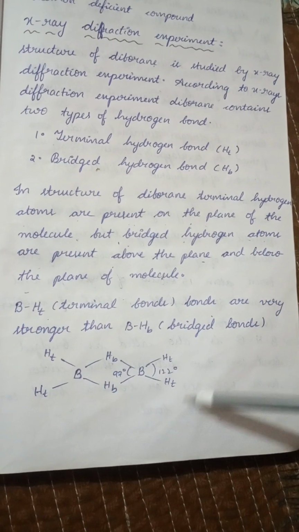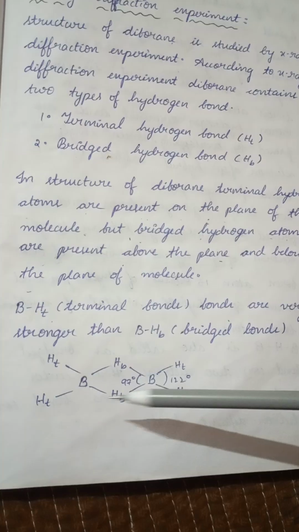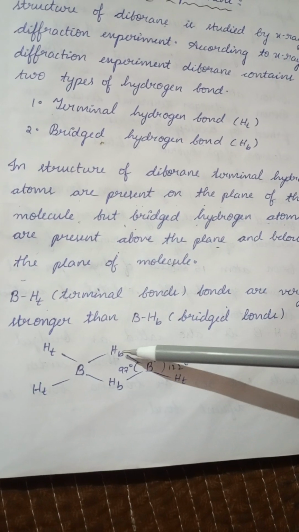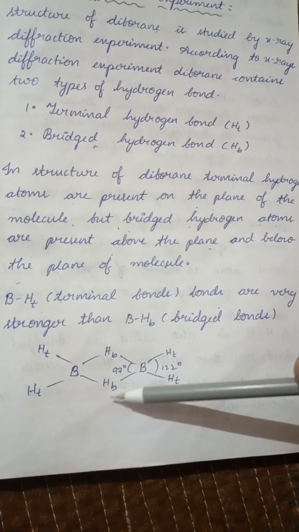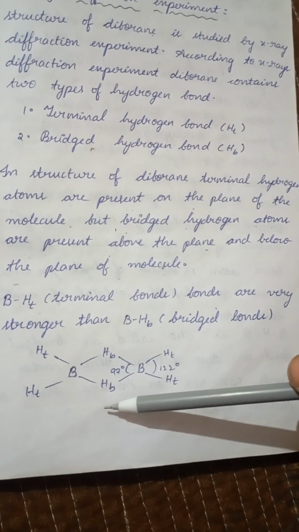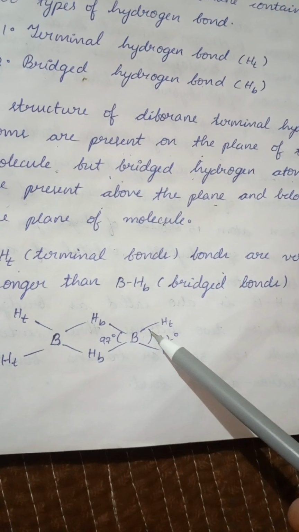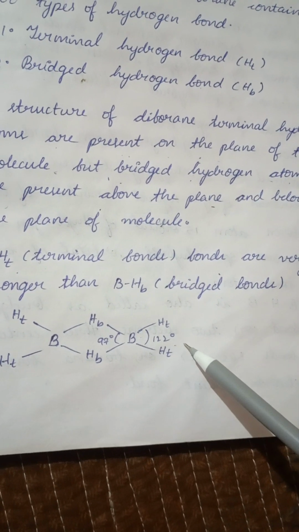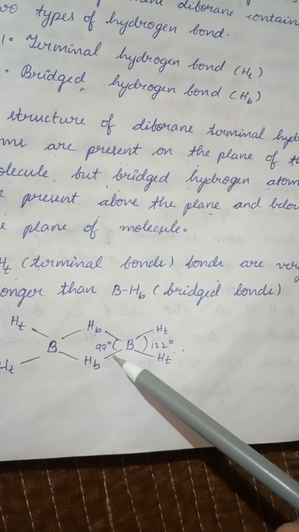And here comes the real structure of diborane. These hydrogens are terminal hydrogens, and the hydrogens in between boron are bridged hydrogen bonds. Here you can see the bond angle between this is 122 degrees and here it is 97 degrees.